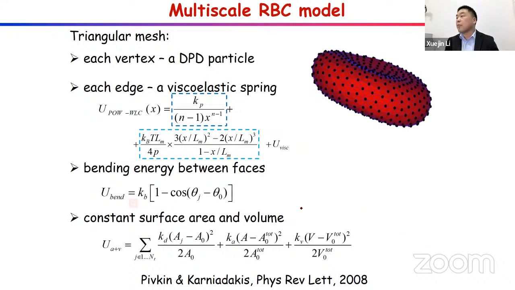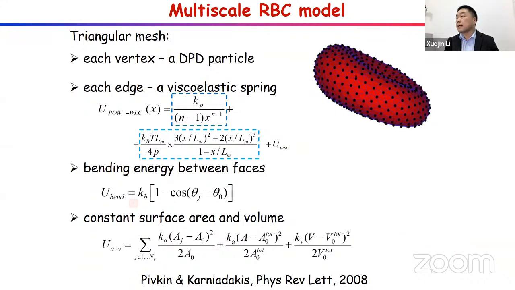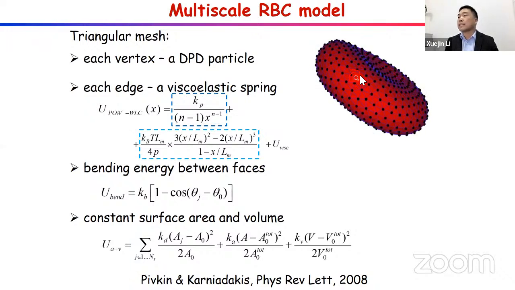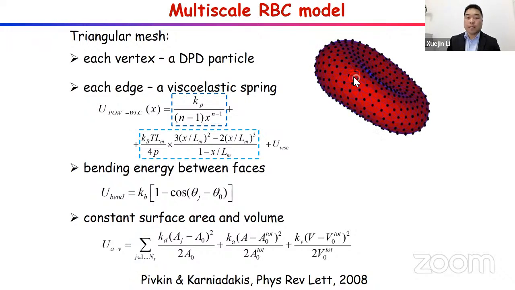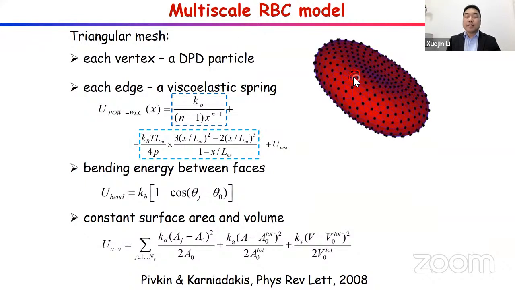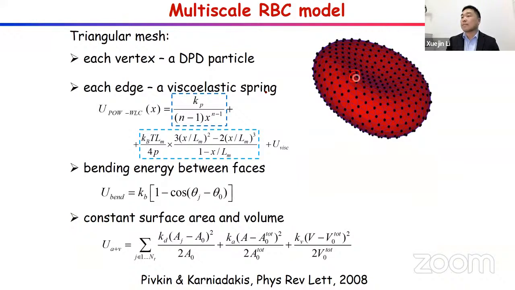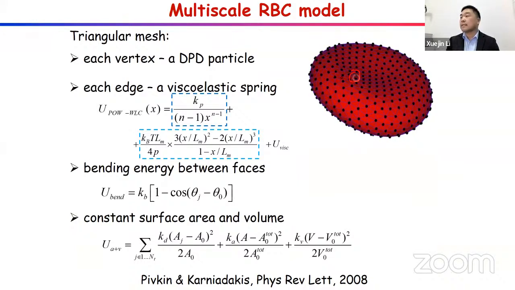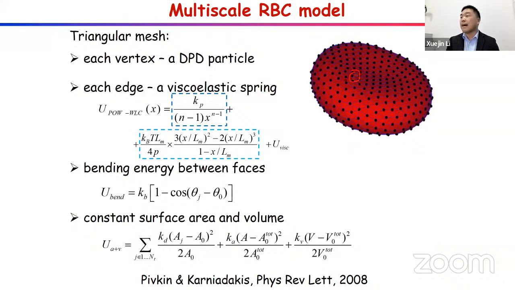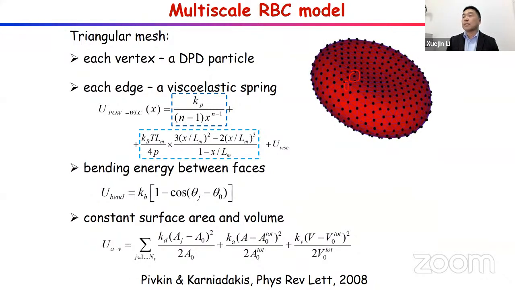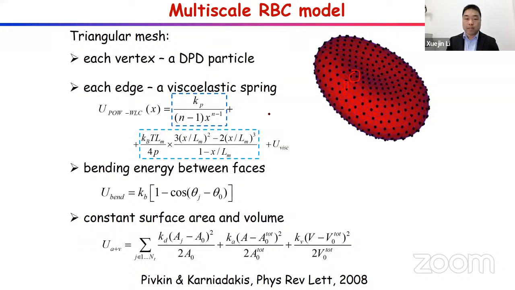Like in this movie, we show the black dots. Here is a vertex, a DPD particle. And these DPD particles are connected by viscoelastic bonds, like this, the black lines are viscoelastic springs.